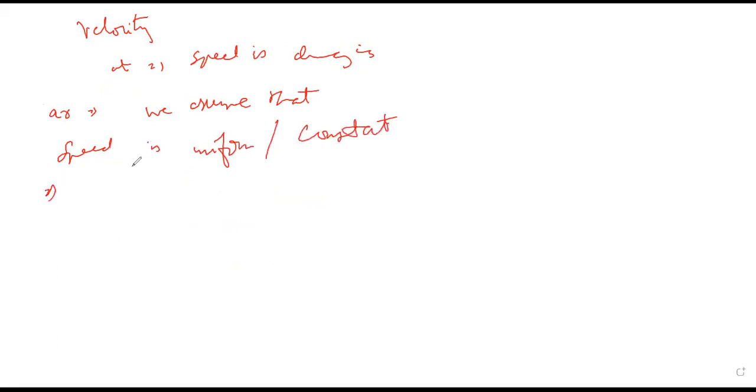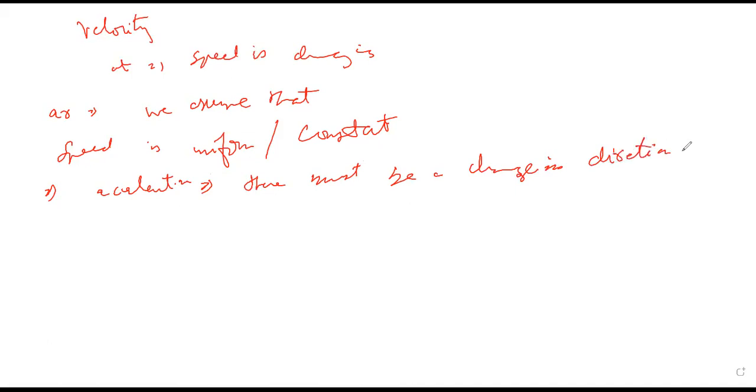So when the magnitude or speed is not changing, but the acceleration is not zero, this implies that there must be a change in direction of velocity, which would give us the radial component of acceleration.